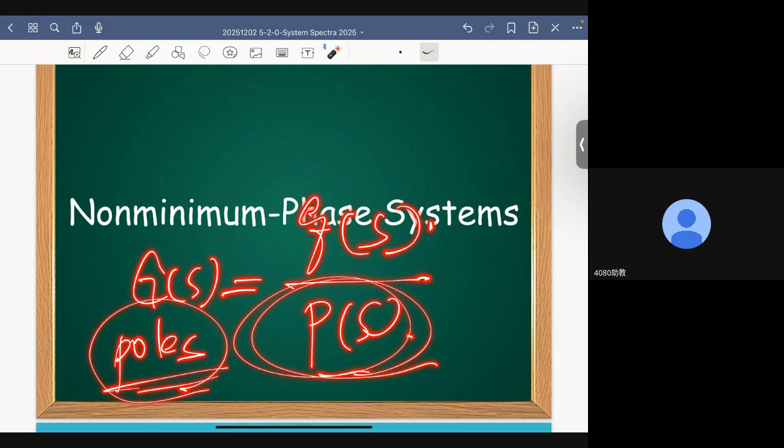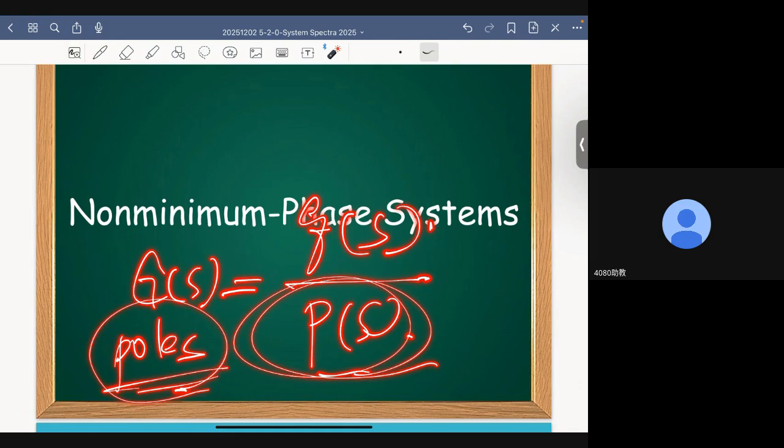We know the location of the poles matters. If any one of the poles is located on the right-hand side of the s-plane, then the system is unstable. On the other hand, if all the poles are located in the left-hand side of the s-plane, then the system is asymptotically stable.